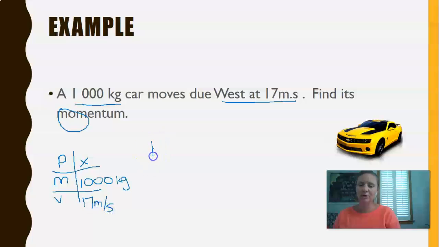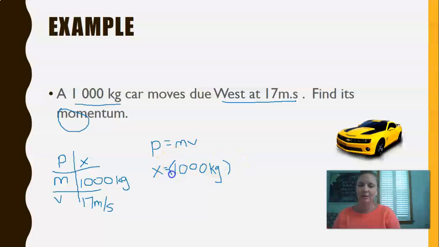So remember, our equation is P, which stands for momentum, equals the mass times the velocity. So we're just going to plug in now. x is our variable, we don't know. And our mass is 1,000 kilograms. You would think I would get better at using this little pen with my finger, and I am not, unfortunately.